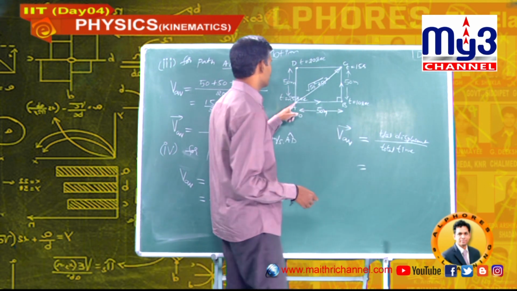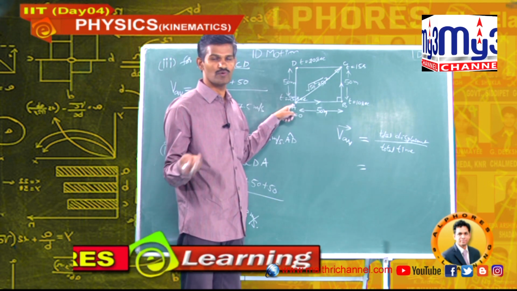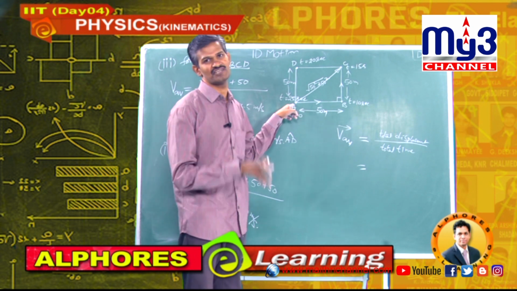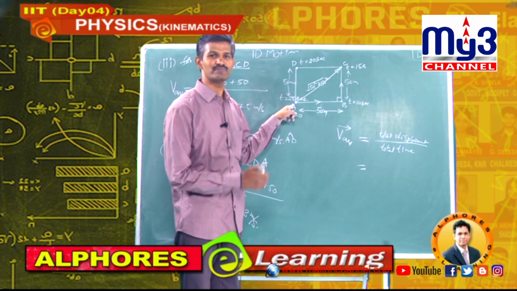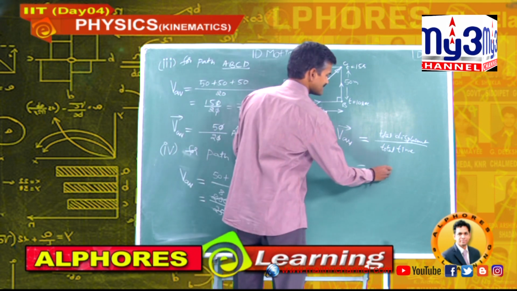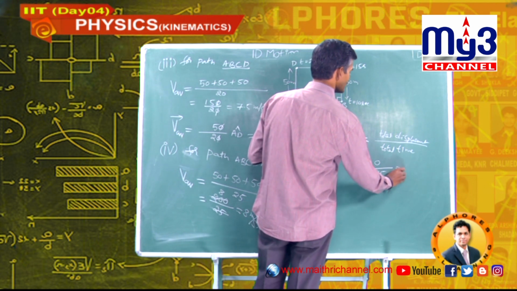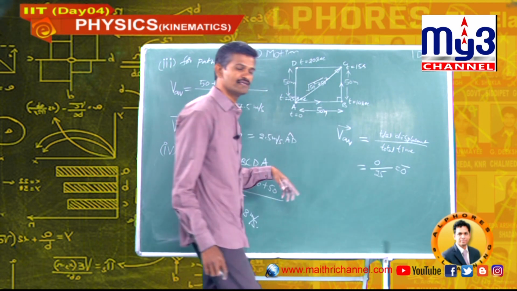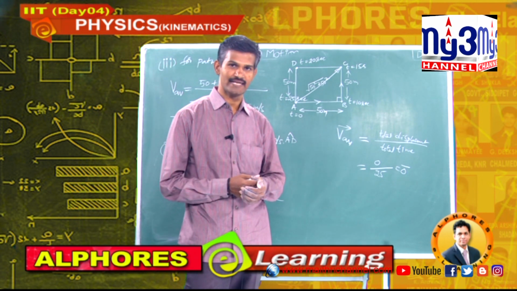When the man again reaches point A, his displacement will be 0. Why? Because he is at the initial position, so he does not change his position, so his displacement is 0. So this is 0 by time 25 seconds, it will be 0 bar, or you can write 0 cap. This is the average velocity for this whole journey.